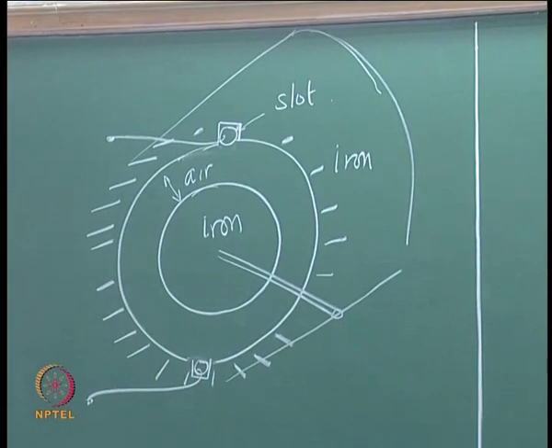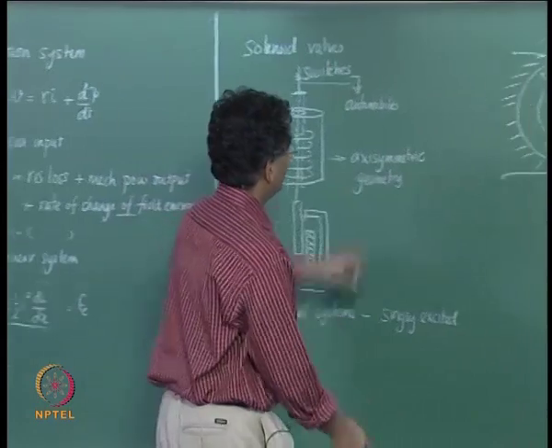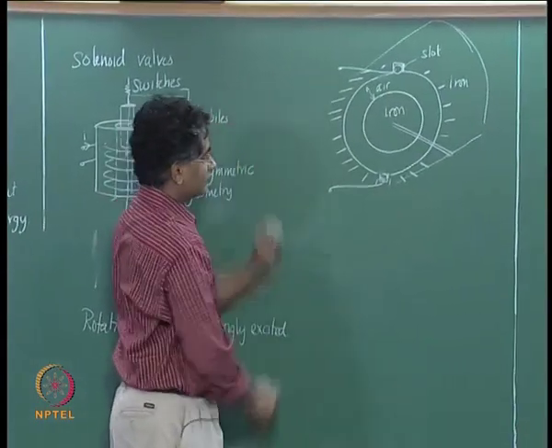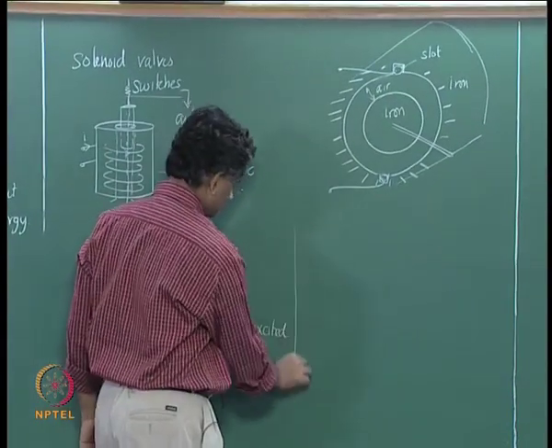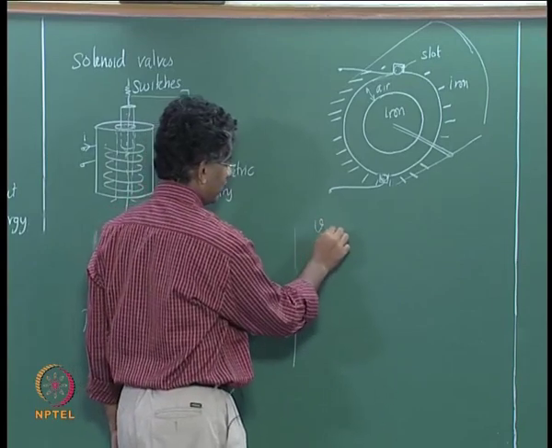What we want to see is how this system is going to behave when you give an electrical input across these two terminals. So, again we write the same equations.